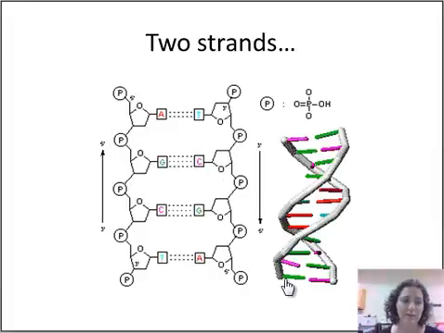Anti-parallel because notice how on one side the 5' end of the deoxyribose is pointed up, and then on the other side the 5' group of deoxyribose is pointed down. Okay? They're oriented this way to increase their stability. Okay? If it was flipped in the other direction, it would change the conformation and it wouldn't be such a stable molecule.